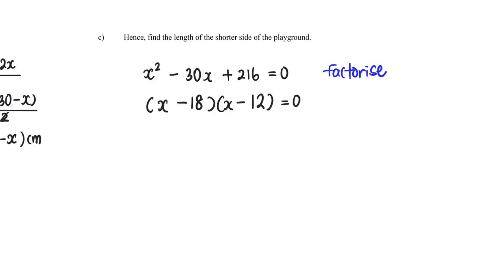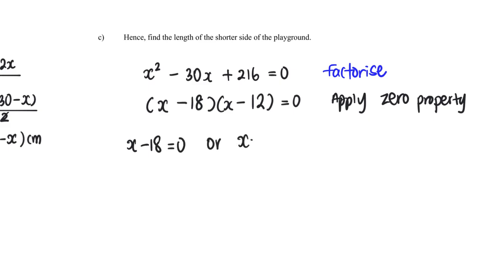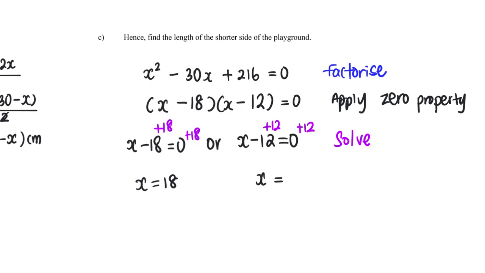And after you factorize, we apply the zero property, meaning one of the factors must be equal to 0. And after which, please solve the equation. So I'm going to add 18 on both sides here. That will give me x is equals to 18, or x is equals to 12.